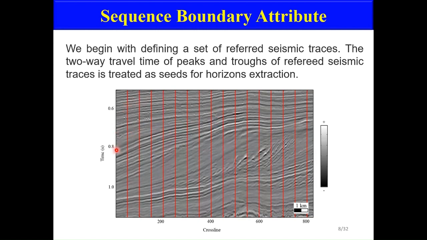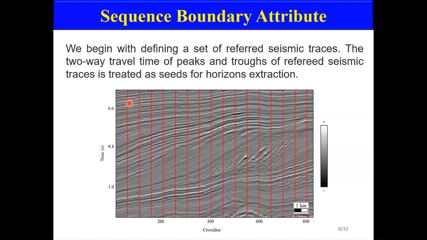This is a seismic section from the F3 seismic survey. What I'm going to do is define a set of reference seismic traces. The locations of the reference seismic traces are indicated by the vertical red curves. Each red vertical line indicates one reference seismic trace.